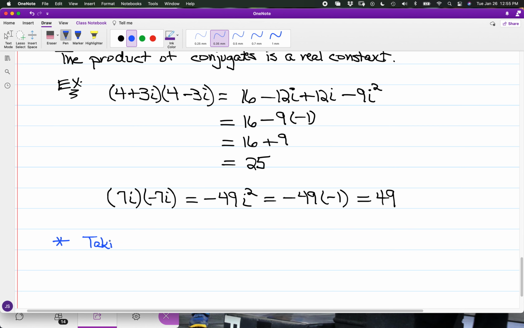Or I should say, can be used to convert complex number fractions.